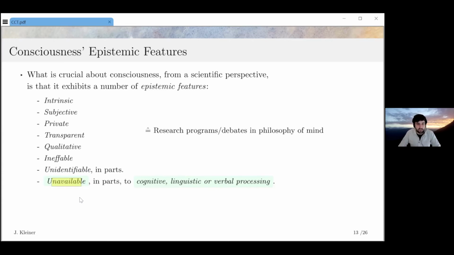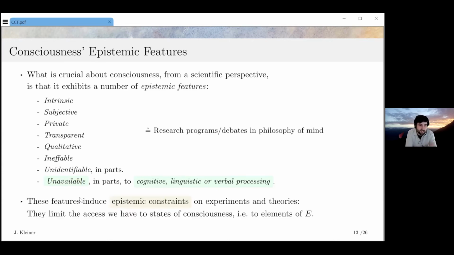We'll go to an example to illustrate what people mean by that. The message I'd like to get across is that these features of conscious experience induce epistemic constraints, which we have to take into account when we do experiments or think about theories. They limit the access we have to states of consciousness, and that is, in the end, if you want to put it formally, to elements of E.